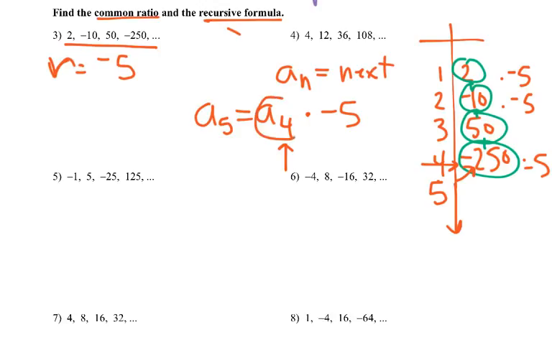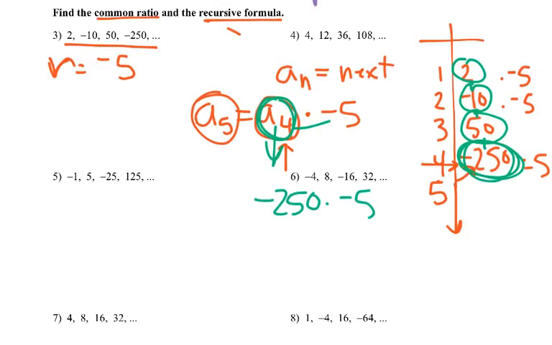Now, these numbers, 4 and 5 here, are our subscripts. They just stand for which term it is. They're not referring to the number 4 or the number 5, but the fourth term, which is negative 250, and the fifth term, which is what we'd find out. So a sub 4 is not 4 times negative 5. A sub 4 is a stand-in for negative 250. So we'd multiply it like that, which would give us a positive 1250.